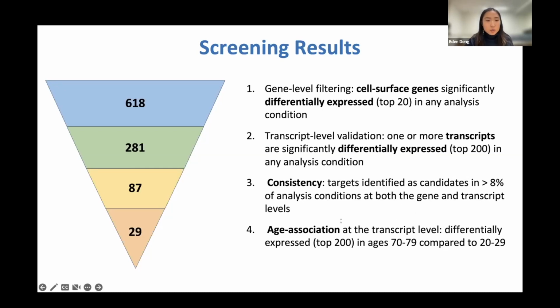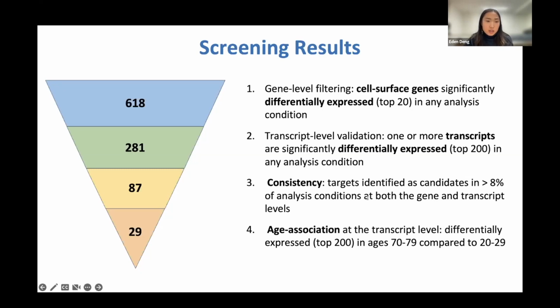To do this, we used the tumor gene target screener to identify transcripts highly expressed in older tissue samples from GTEx, ages 70 to 79, relative to tissues ages 20 to 29. So we took the top 200 transcripts from these 47 different aged tissues and cell types as our reference for finding age-associated targets.